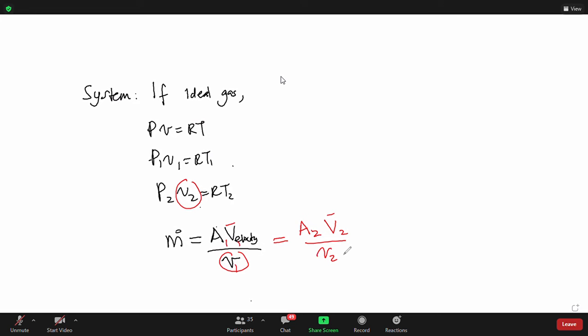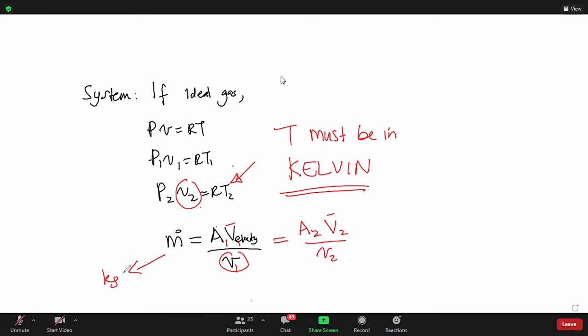Again, if it's ideal gas, temperature must be in Kelvin. I will strangle anyone who uses Celsius here. Beware, it must be in Kelvin. Then whatever is in kilogram per hour or kilogram per minute, convert to kilogram per second.